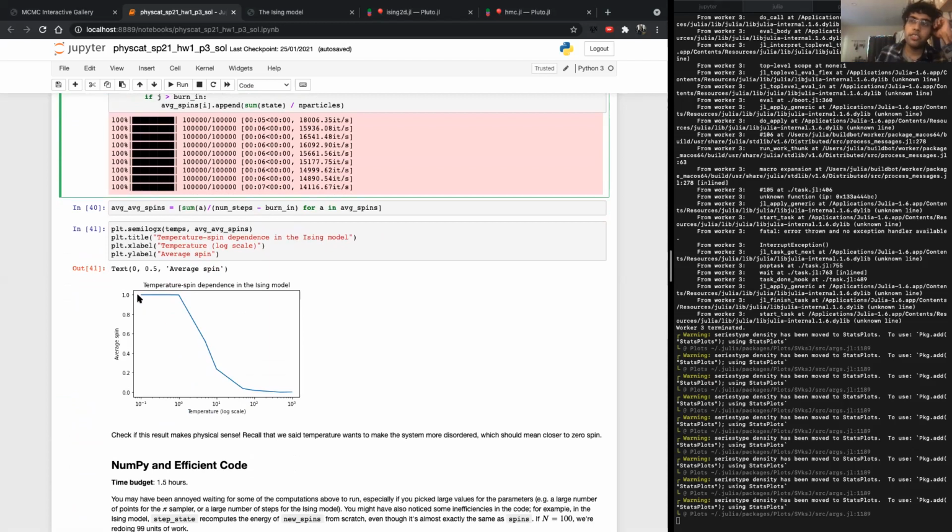On the low end of temperatures, magnetism wins out. And then it gradually starts dropping until it's just about disordered at high temperatures. Interestingly, though, this sort of gradual drop is only the case for a one-dimensional system. This is one of the really interesting bits of physical reasoning we can do.